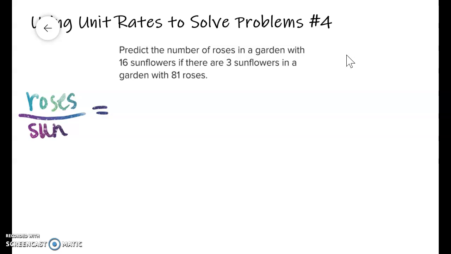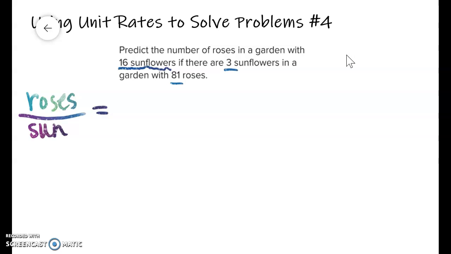And our next step is, what do they tell us? What rate do they give us? So even though this number comes first in the question, that's actually what they're asking us about, because they're saying there are 3 sunflowers in a garden with 81 roses.